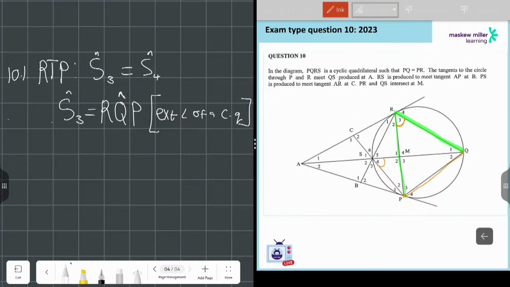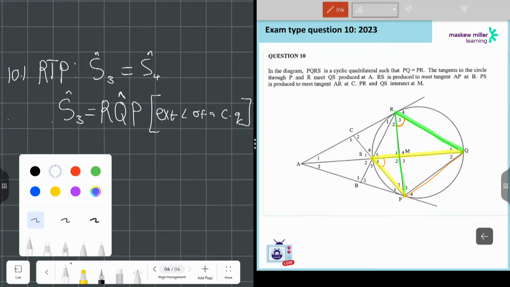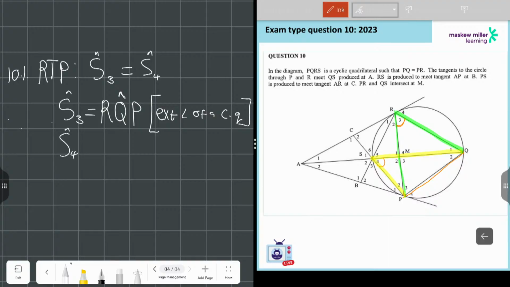And if I do the same, going to the other side of the circumference but using the same chord, I go to where there's S4. So that means that S4 equals R3.